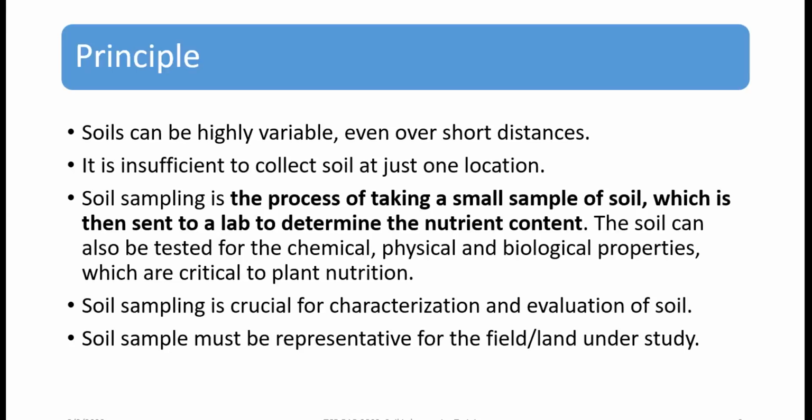All these are very important in the process of soil sampling. Soil sampling, as a definition, is the process of taking a small sample of soil and sending it to a lab to determine not only nutrient content, but also the physical and chemical properties of that soil. The soil will be tested for chemical, physical, and biological properties, and all of them are very critical to plant nutrition.